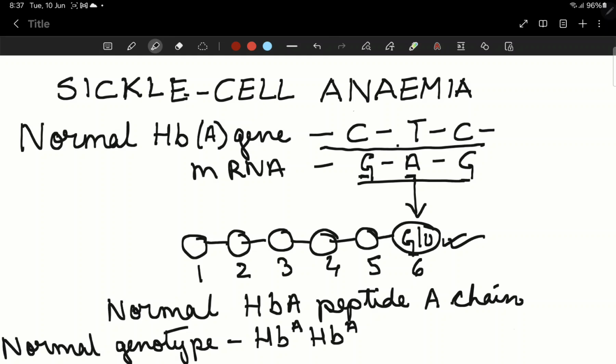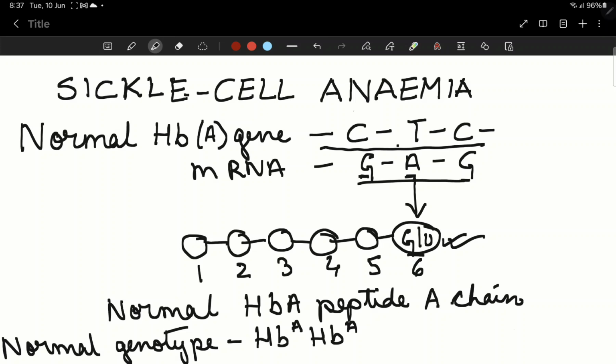Now the glutamic acid, we have to remember, in the polypeptide chain which forms the hemoglobin molecule, lies in the 6th position. So it is 1, 2, 3, 4, 5, 6. In the 6th position lies the glutamic acid in the normal hemoglobin polypeptide chain. This is the correct one that needs to be present in our hemoglobin polypeptide chain, right?